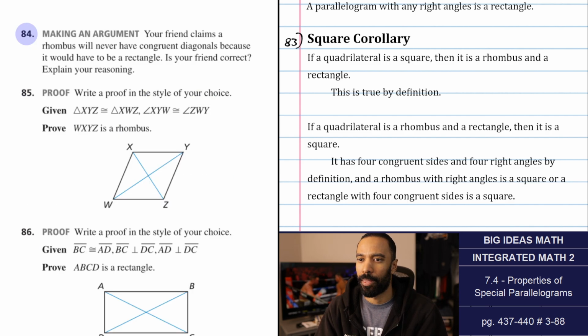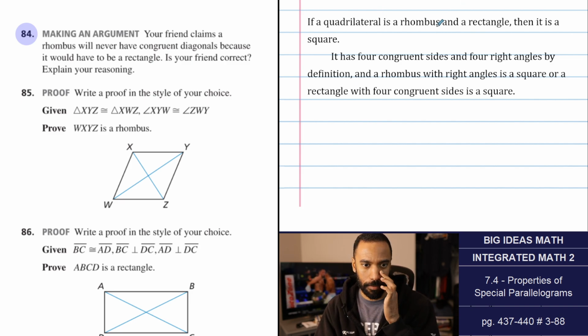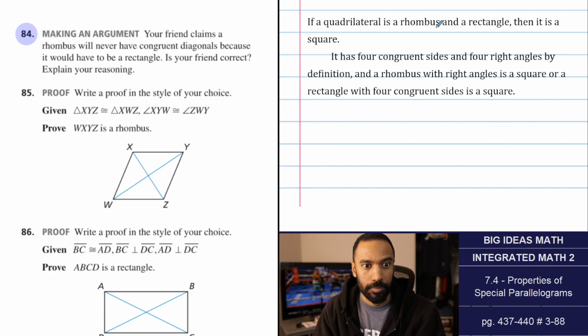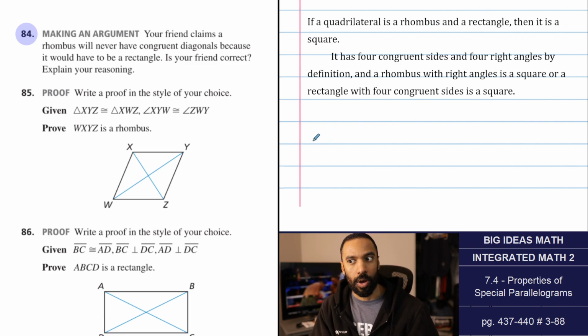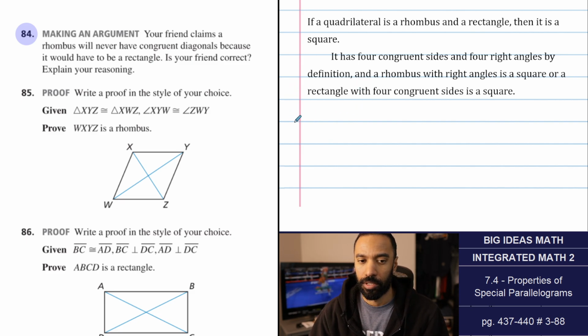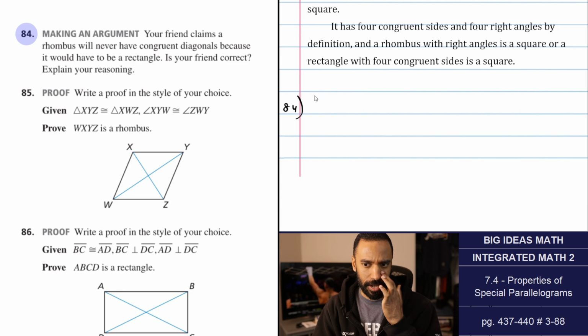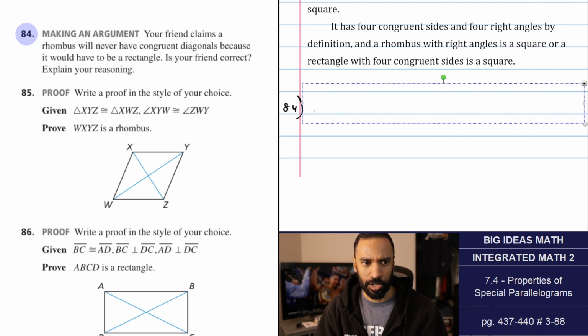Making an argument. Your friend claims a rhombus will never have congruent diagonals because it would have to be a rectangle. Is your friend correct? Explain your reasoning. Well, a rhombus can be a rectangle, in which case it's also called a square. So 84. Your friend's correct and incorrect. Their conclusion's incorrect.